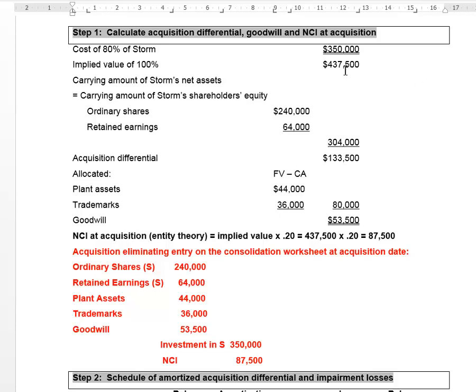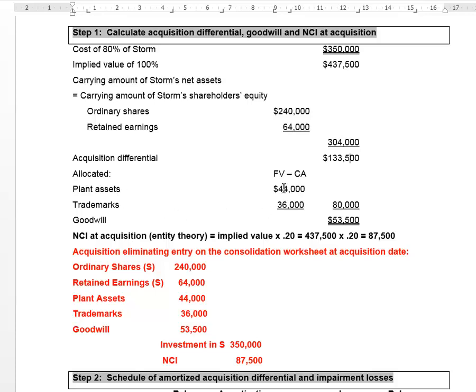So the difference between the implied value and the carrying value of the net assets under Palm's control of Storm at the date they were acquired is the acquisition differential of $133.5. From that acquisition differential, we're going to start to allocate it to what? Any of the fair value increments and decrements assessed by the parent.